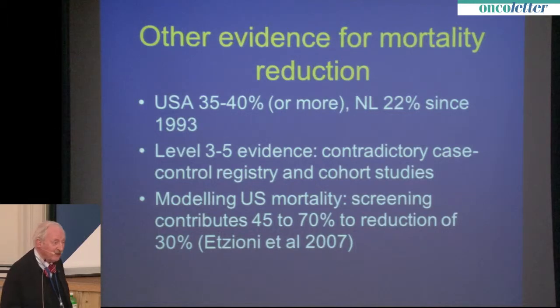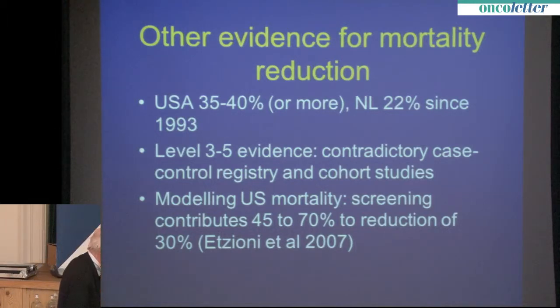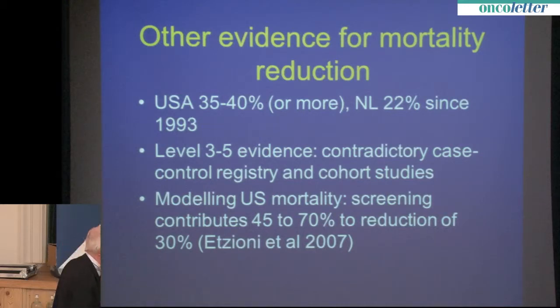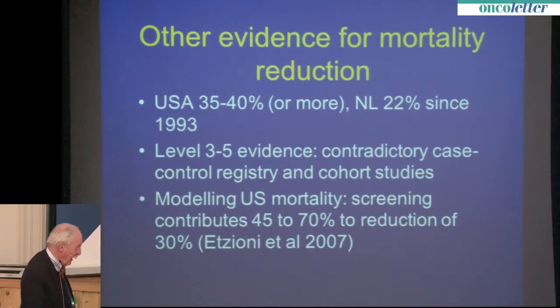Now, fortunately, the ERSPC study is not the only evidence we have of mortality reduction. The mortality reduction in the US is substantial, somewhere between 35 or more than 40%. In the Netherlands, we have seen a 22% mortality reduction since 1993, and we have had level 3 to 5 evidence coming from all kinds of observational studies and case control studies, and these we can put aside now.